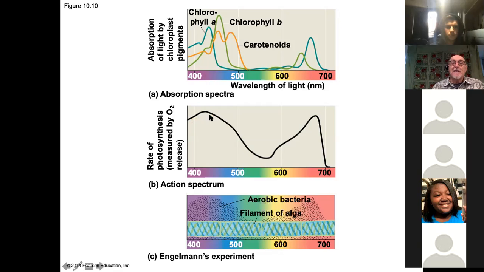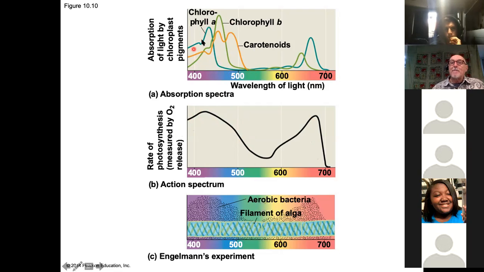And unsurprisingly, look here, it has a peak here, which corresponds to all of these. It corresponds to the best absorption of these pigments there. And look here, it has a peak here corresponding to this absorption here. It looks like the absorption of the light by the pigments is what is driving the photosynthesis.